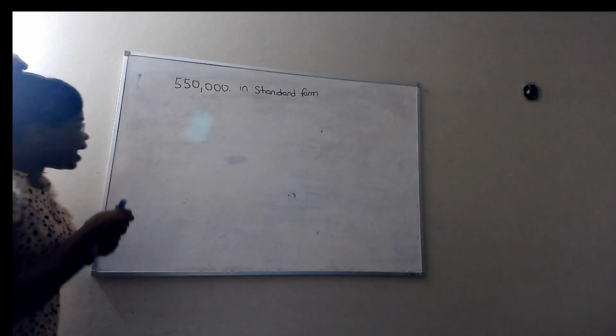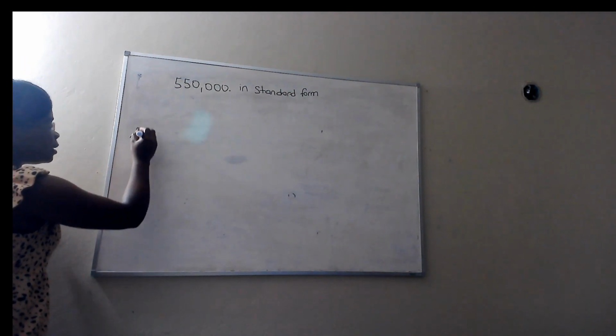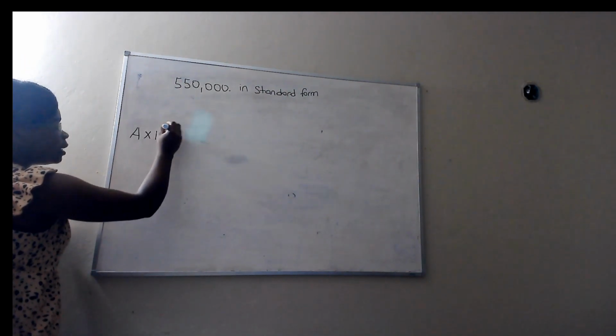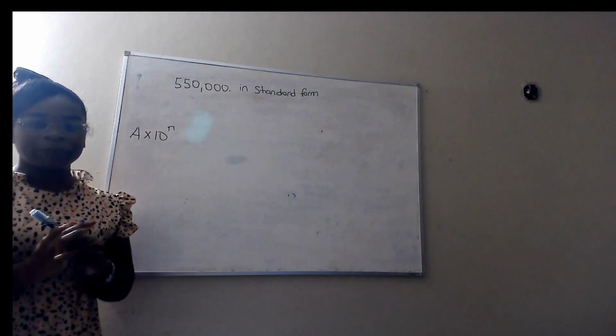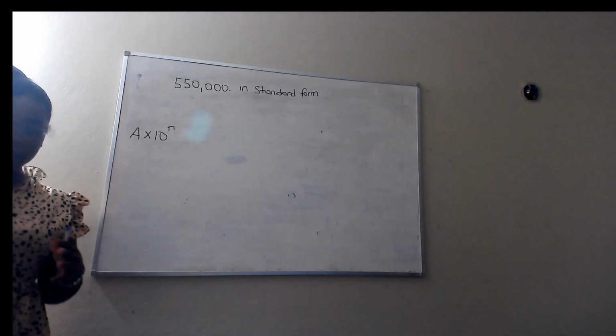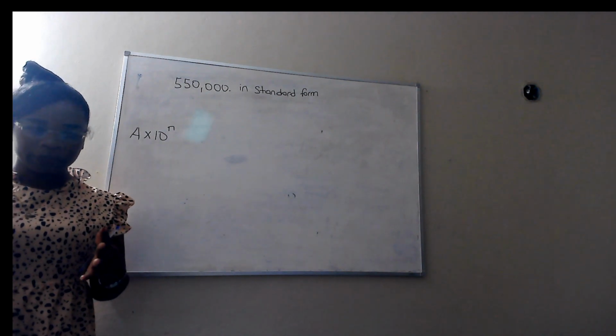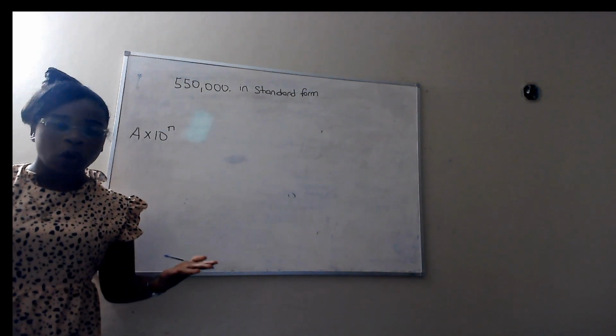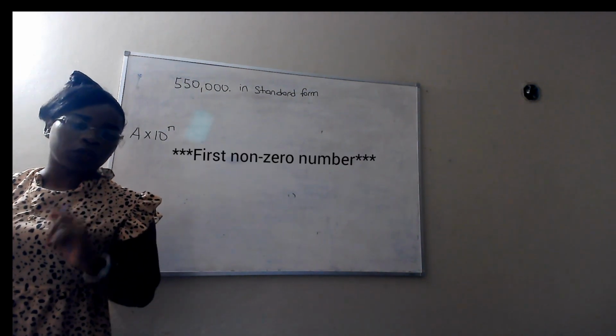At the end of the day, when we're finished writing it in standard form, it's going to look something like this. This point, we're going to move it as close as possible to the first whole number.